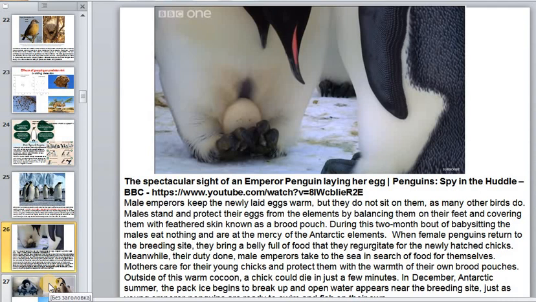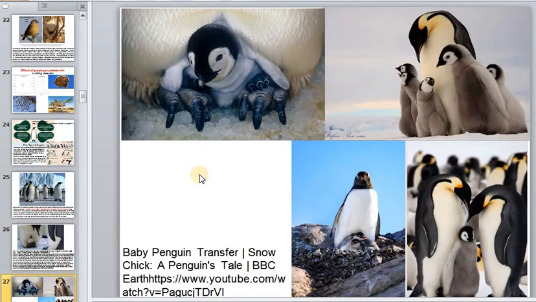I left a few links to the video. It is very interesting. Here is a little penguin, and it is still kept on the feet all the time.